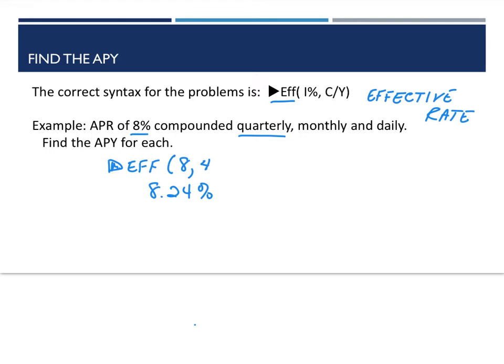Monthly, I would type in 8, 12, and daily I would type in 8, 365. And we should end up, when you round, with the same amounts we got previously. Now this is the way that we'll actually do it when you're asked to do it for problems.